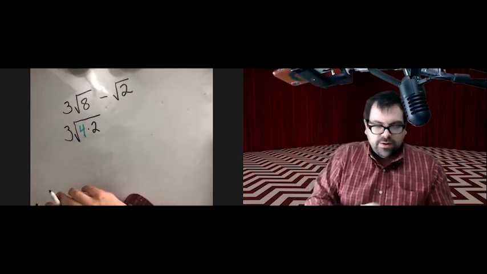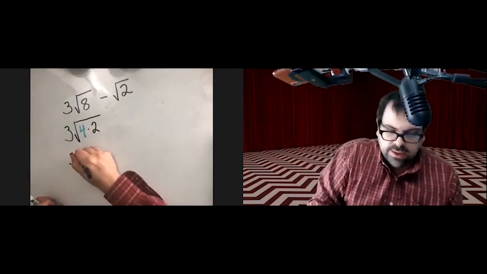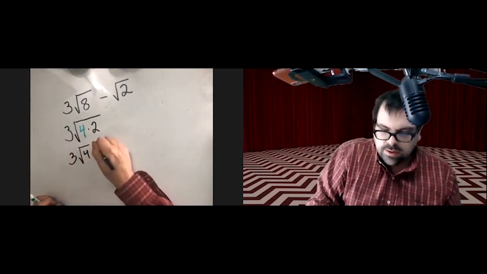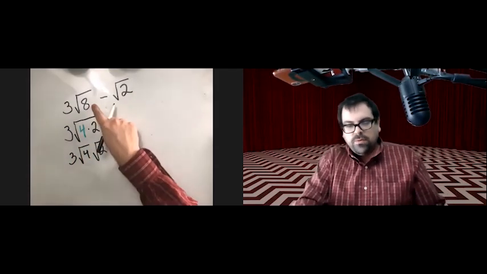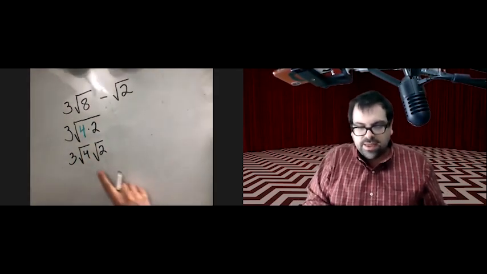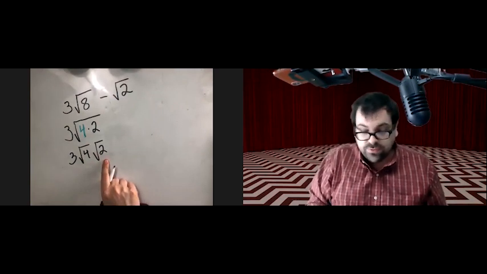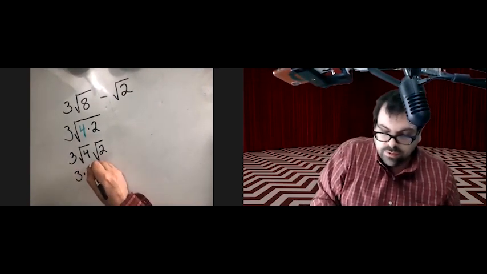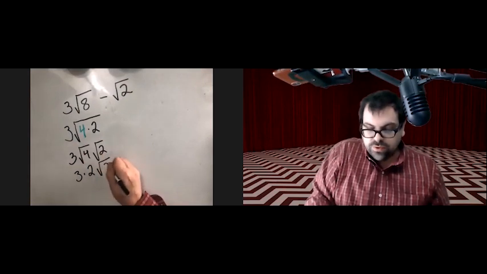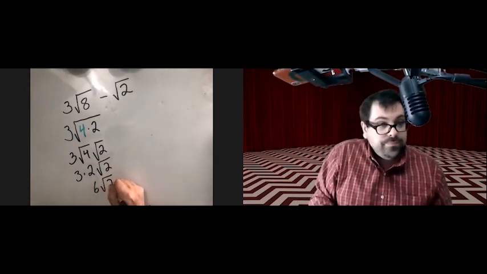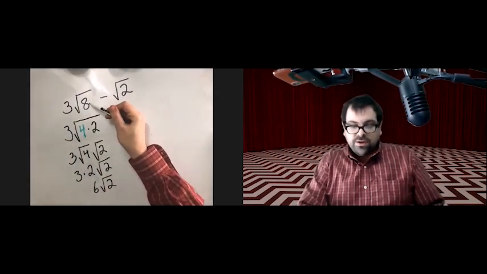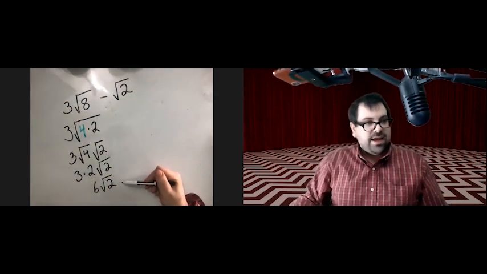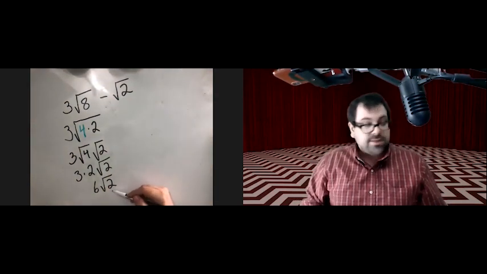That means that we can rewrite radical 8 as radical 4 times radical 2. Square root of 4 is 2. So 3 radical 8 is actually the same as 6 radical 2.